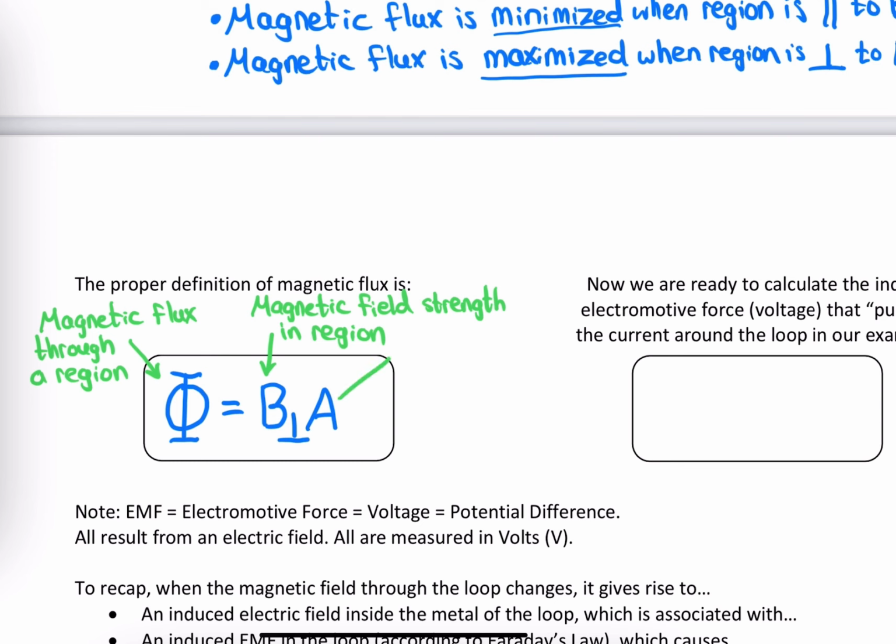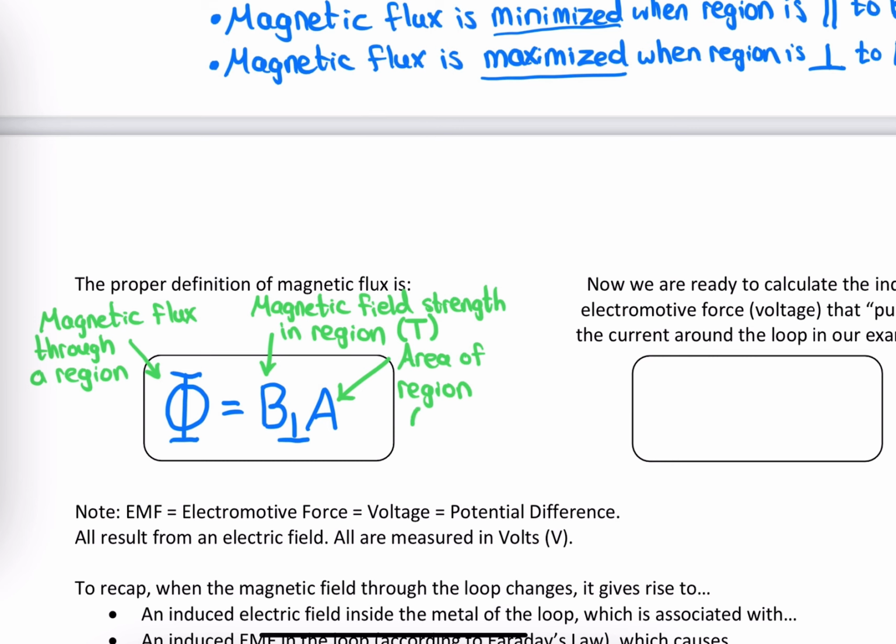And this is the area of the region. So this magnetic field strength, as always, is going to be in Teslas.